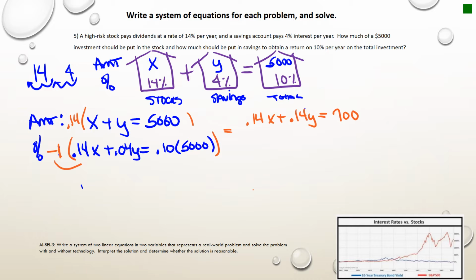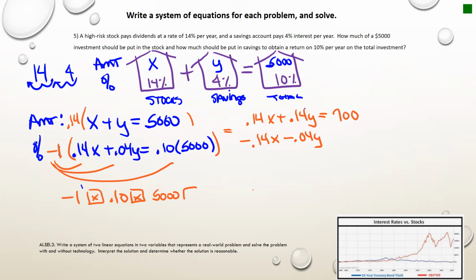I'm going to multiply negative times 0.14, so that's x. -1 times 0.04 is -0.04. Now on this, I'm multiplying -1, if I'm using my calculator, times 0.10 times 5,000, okay? So I'm going to take that -1 times 0.10, and then that number times 5,000, and I get -500. Okay, these two cancel.